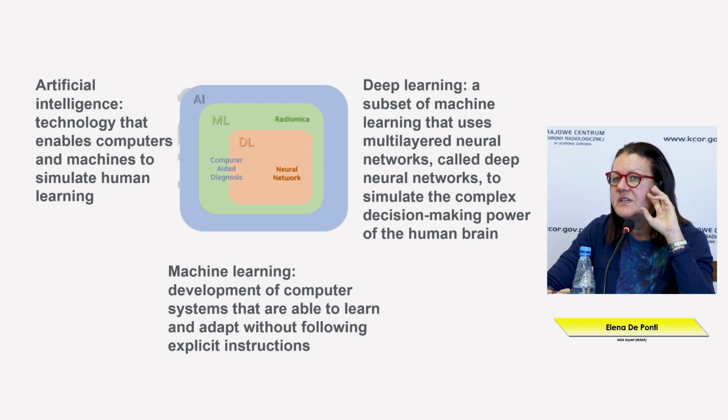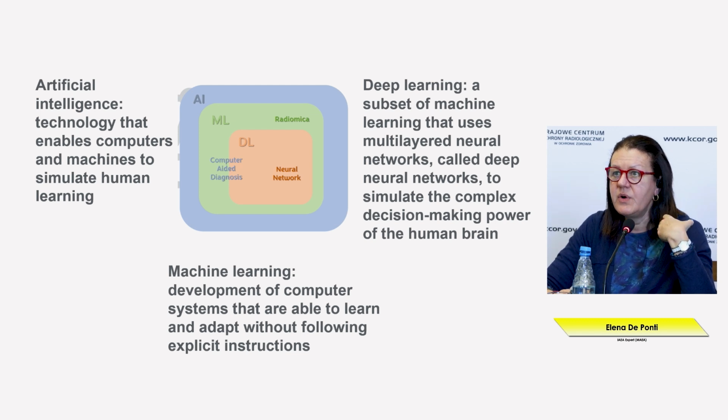Within artificial intelligence, we are particularly interested in machine learning, that is the development of a computer that is able to learn and adapt without following explicit instructions. And within machine learning, we have deep learning, that is a subset of machine learning that uses multi-layered neural networks, called deep neural networks, to simulate the complex decision-making power of the human brain.